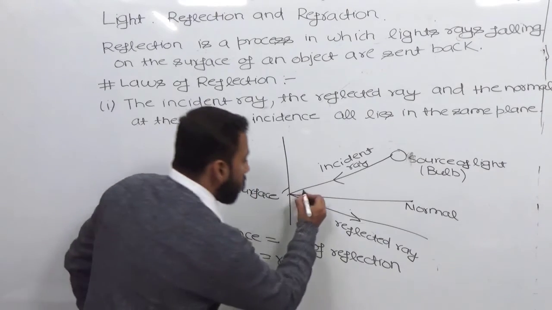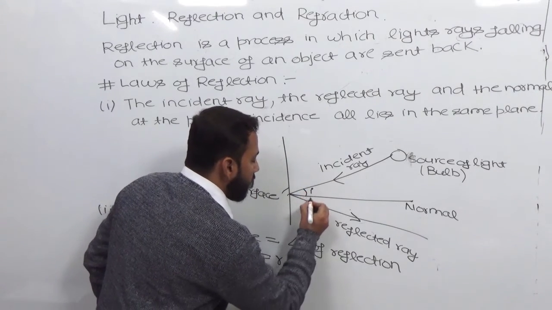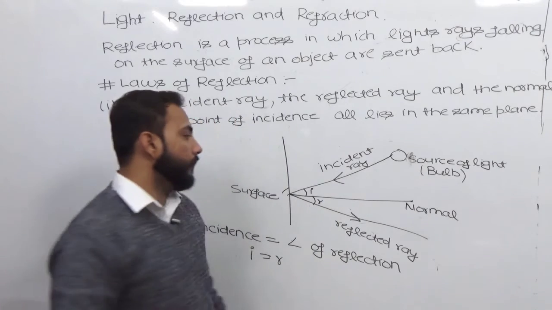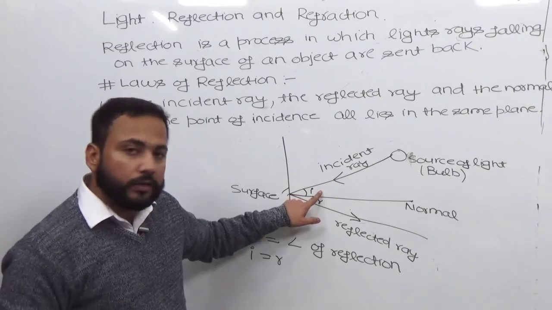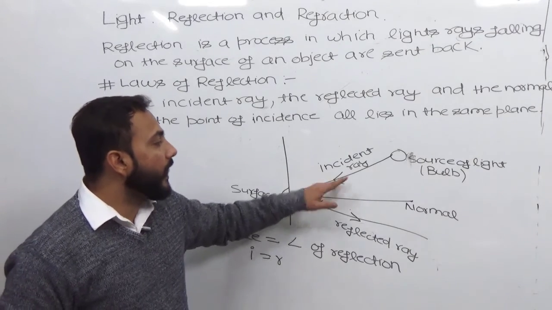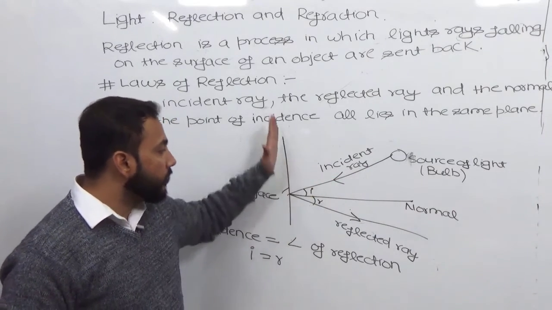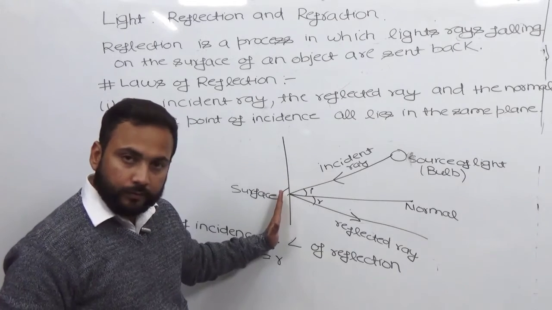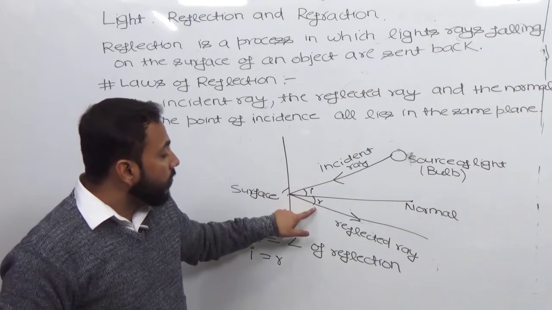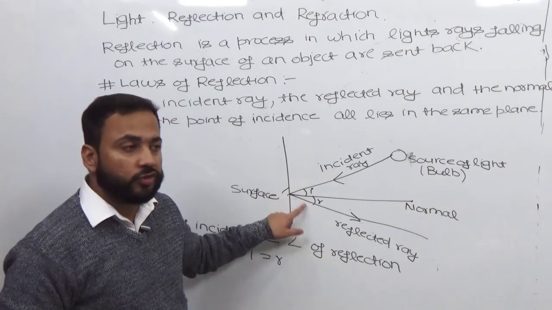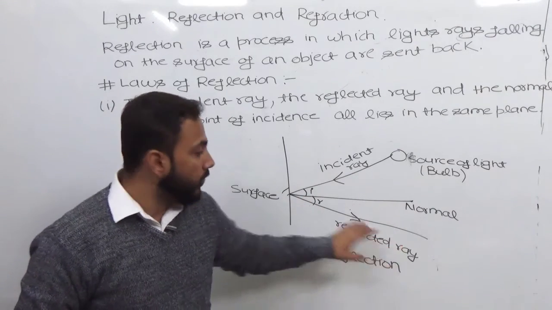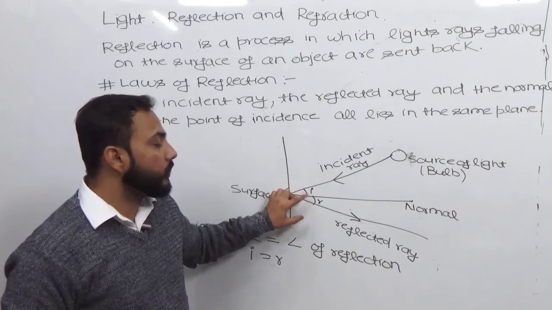This is the angle of incidence and this is the angle of reflection. The second law of reflection says the angle of incidence, the angle at which the incident ray strikes the surface, and the angle of reflection, the angle at which the ray is sent back, are equal.